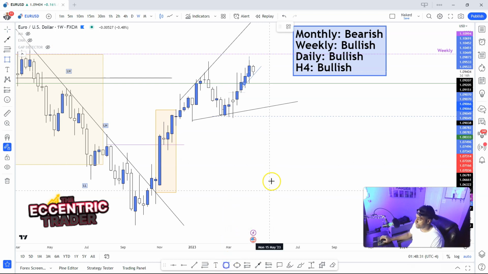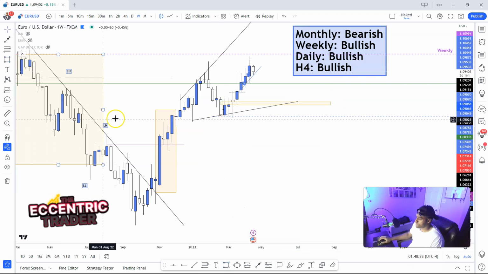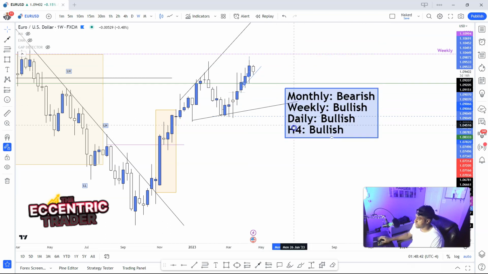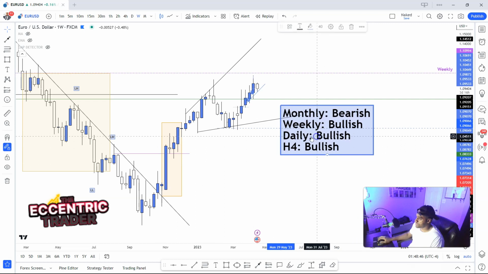So be on the lookout for these gaps. It's gonna take a while for them to close, but gaps always close, right? Gaps are weird, but yeah, gaps always close.